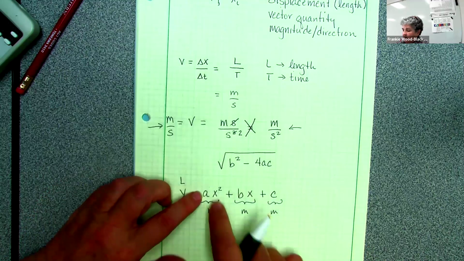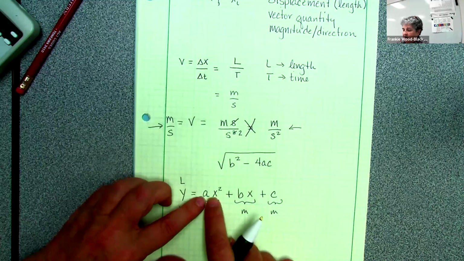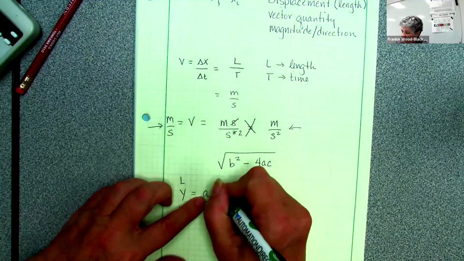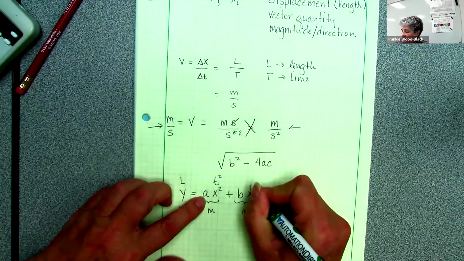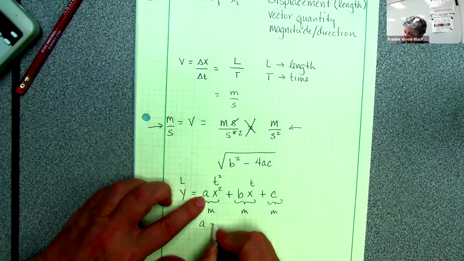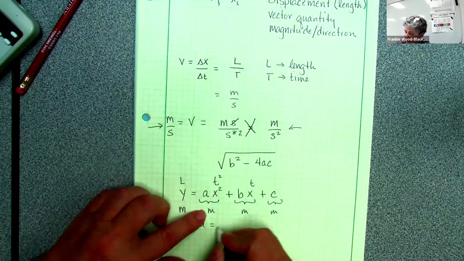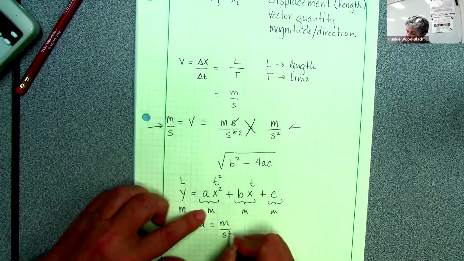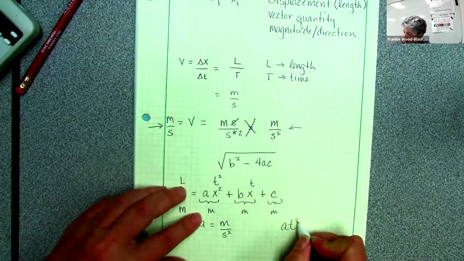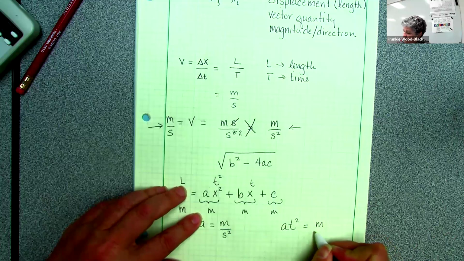then whatever this variable is, let's say this is time, because that's what we are actually working with. That's time. Then A is going to have to be in meters per second squared in order for that to be meters, because A times T squared is meters per second squared times seconds squared.